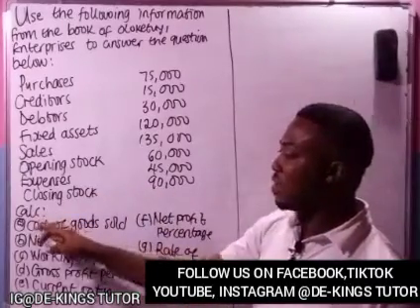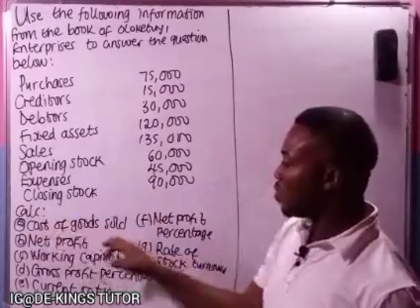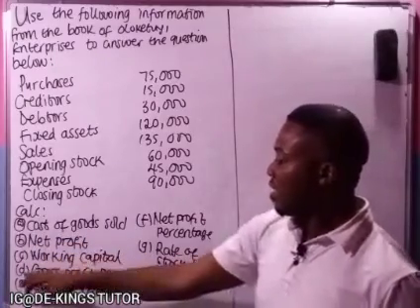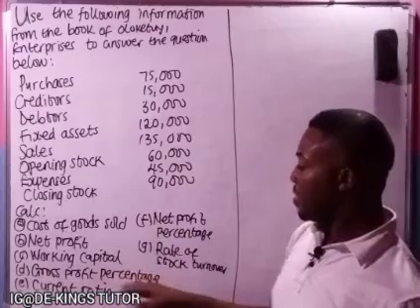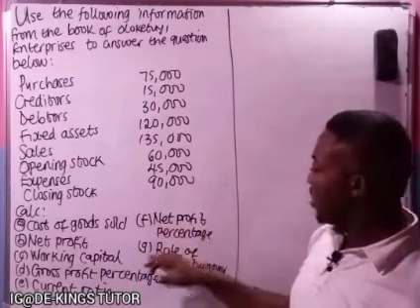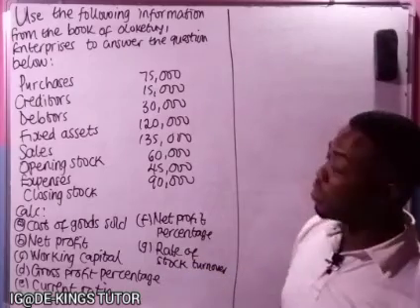Now they ask us to calculate: A, the cost of goods sold; B, the net profit; C, working capital; D, gross profit percentage; E, current ratio; F, net profit percentage; and G, rate of stock turnover.